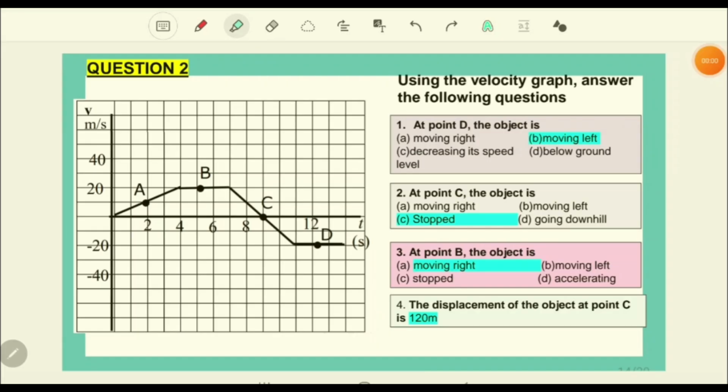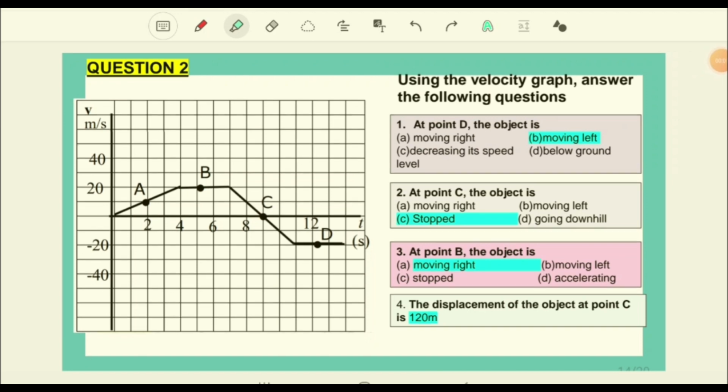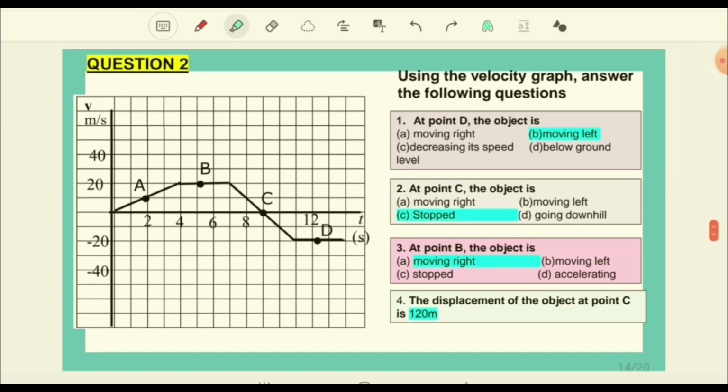Now let's continue with question number 2. We have a VT graph. You can see we have 4 questions here, and the highlighted answer is the actual answer. Using the velocity graph, answer the following questions.